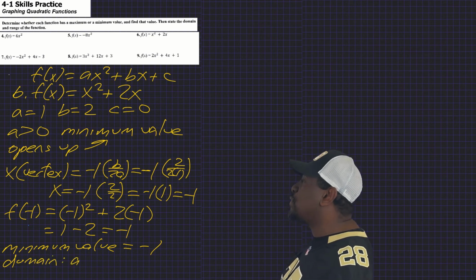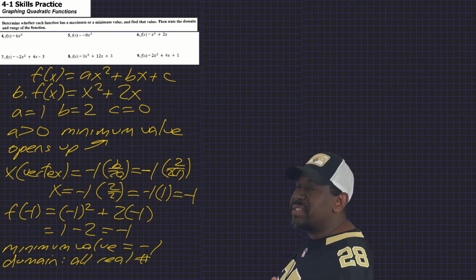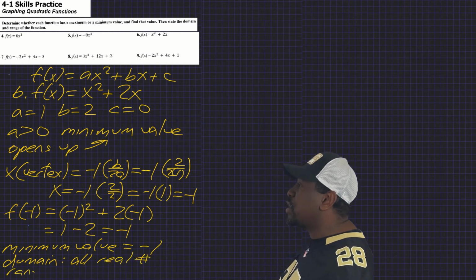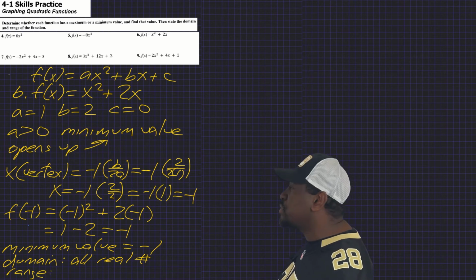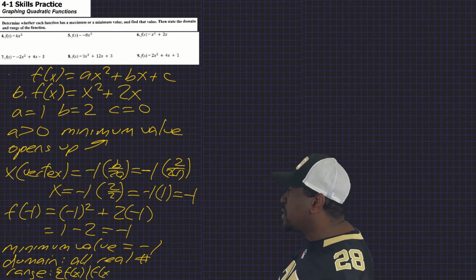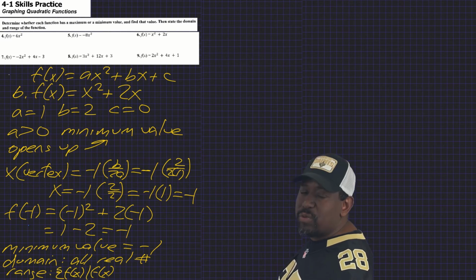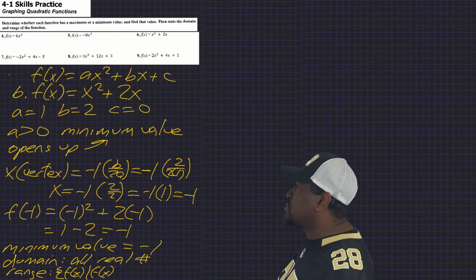So now we will find the domain and range. As we did in the last problem, with parabolas the domain will always be all real numbers. And so now the range. Since our minimum value is equal to negative 1, and since it's going up, f of x should be greater than or equal to negative 1.